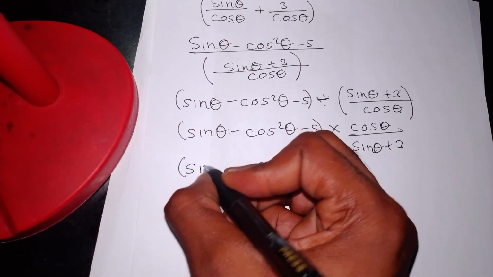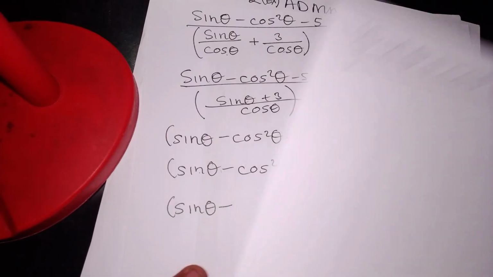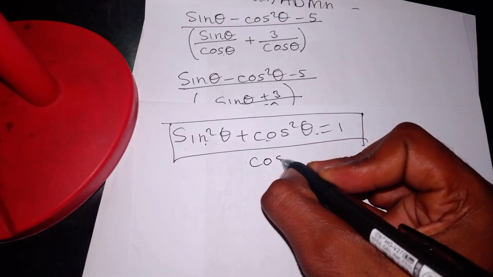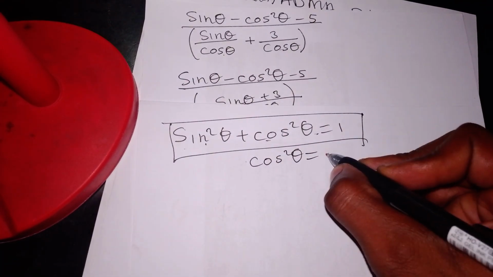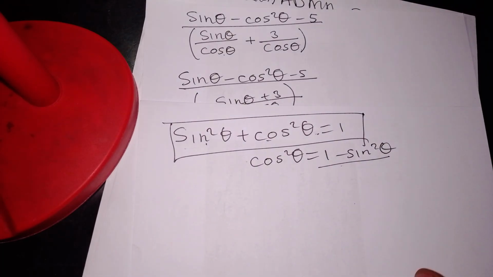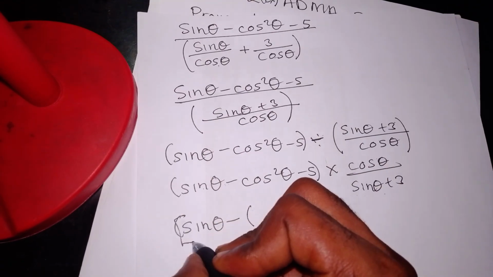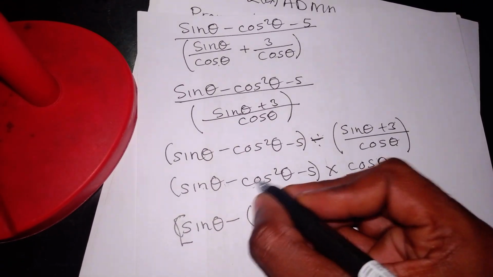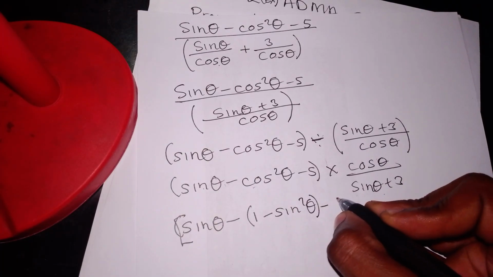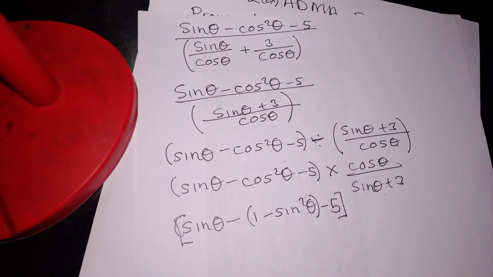We can say sine theta minus, from the first identity, this one here, I can make cosine the subject, cos squared, this would be 1 minus sine squared theta. And then I can use this where there is sine. So I'll replace this. Let me use square brackets so that I can accommodate this, minus sine squared theta. The brackets here are very important because of this minus.